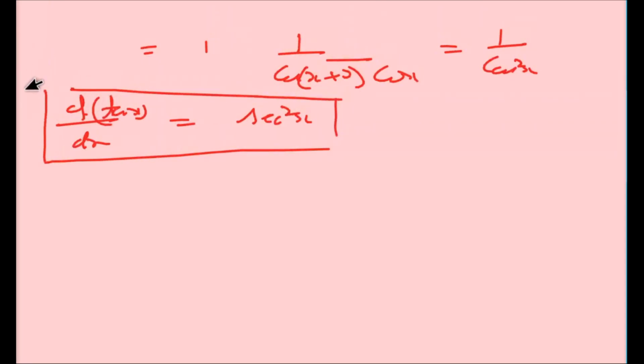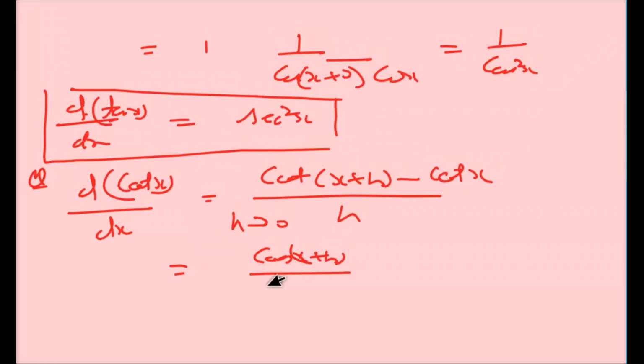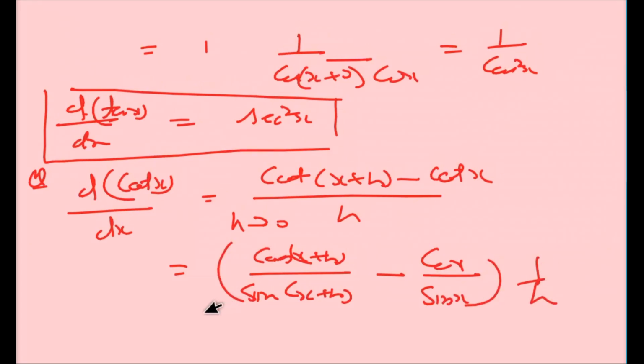Similarly, next the differential of cot x. We can write again cot(x plus h) minus cot x. Are you understanding? I think this is the first principle. Okay, change it: cos(x plus h) upon sin(x plus h) minus cos x upon sin x, 1 upon h.